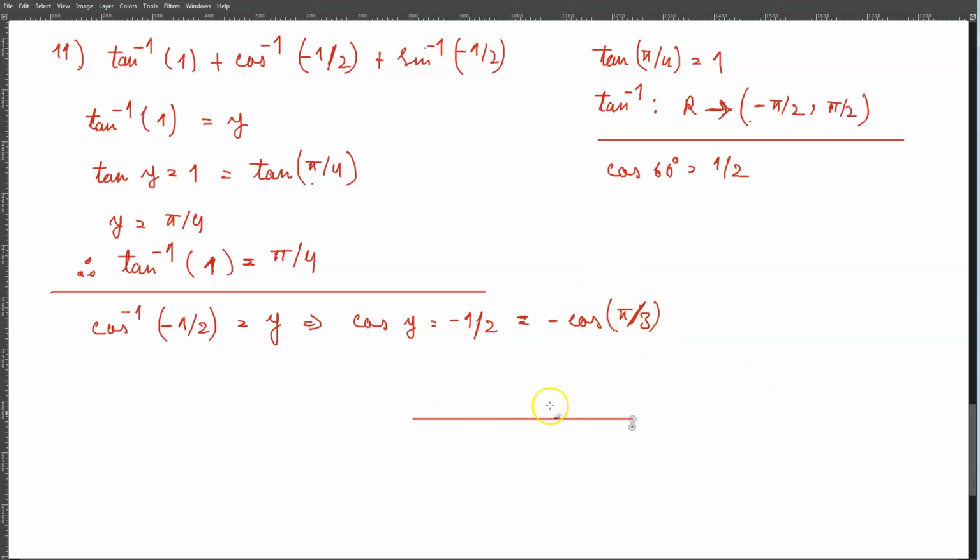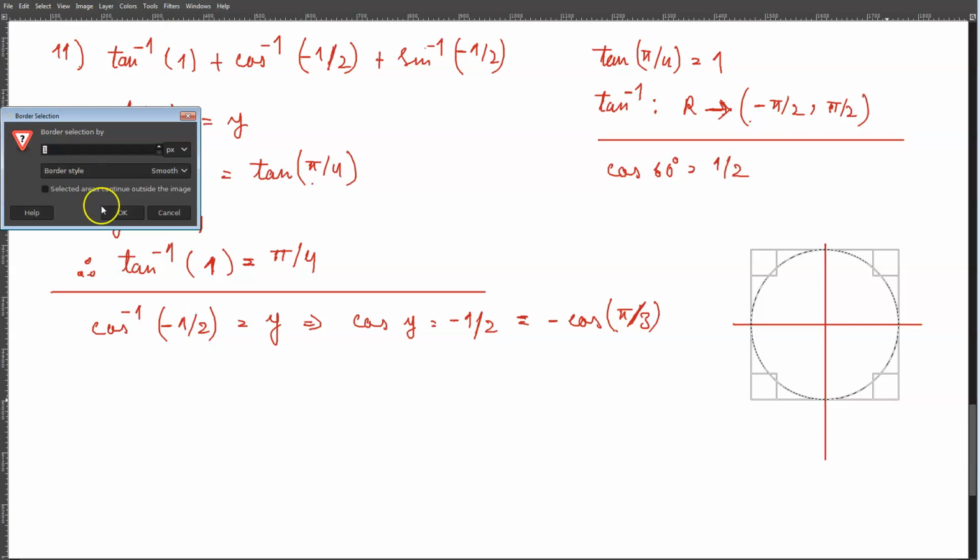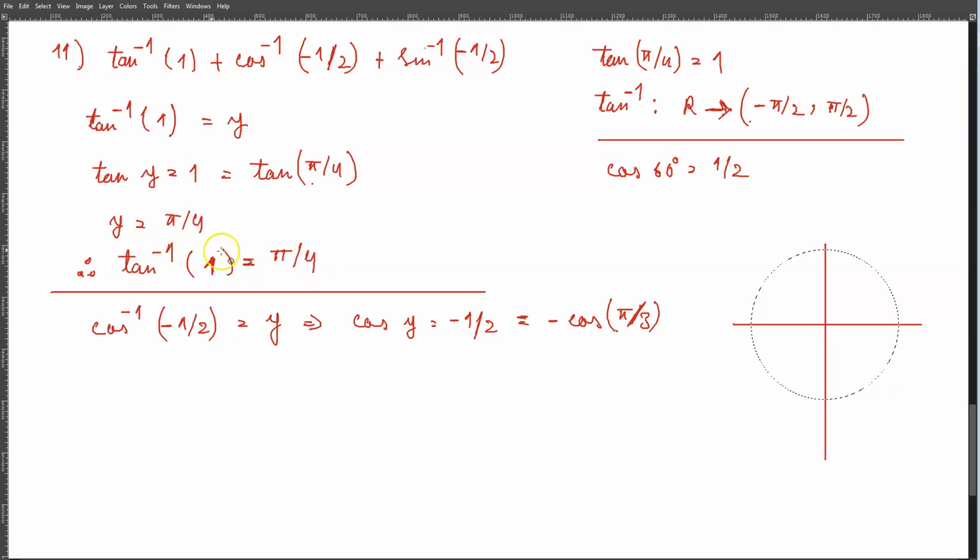So that means that if I have a unit circle over here, and if I have basically the cos of pi by 3, pi by 3 is basically this angle, it's a 60 degree angle.